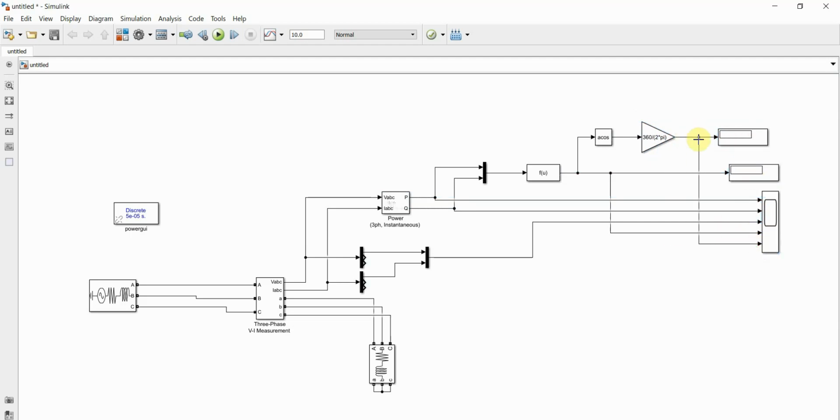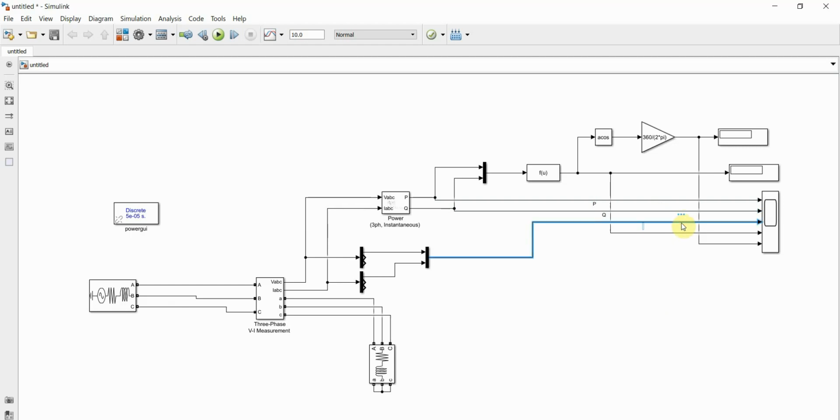Just connect it. So this one is the instantaneous 3-phase active power. This one is the instantaneous 3-phase reactive power.